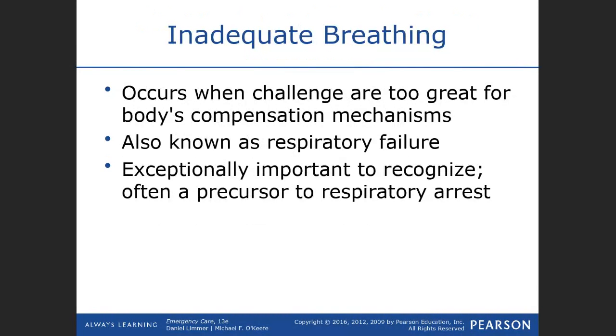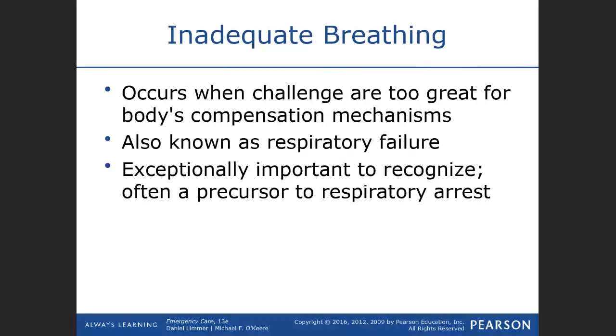Now, inadequate breathing. Some books have inadequate breathing as a broad heading, and then there are some books that classify inadequate breathing as poor ventilation, because if you're doing national registry, and they see inadequate breathing in a question, it means that that patient is not ventilating properly, right?